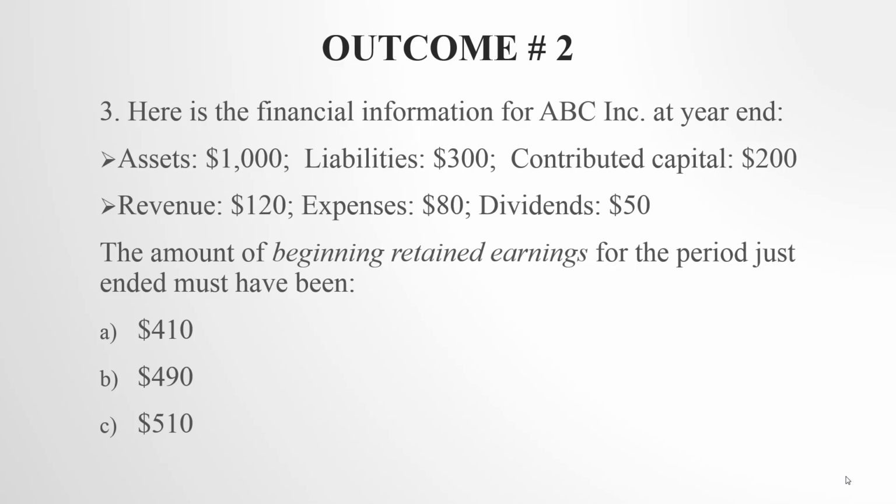Now let's look at a practice problem based on the accounting equation. Here we have the financial information for ABC Inc. at year end. And we need to find out the amount of beginning retained earnings for the period just ended. The simplest way of solving this problem is by writing out the expanded form of the accounting equation.